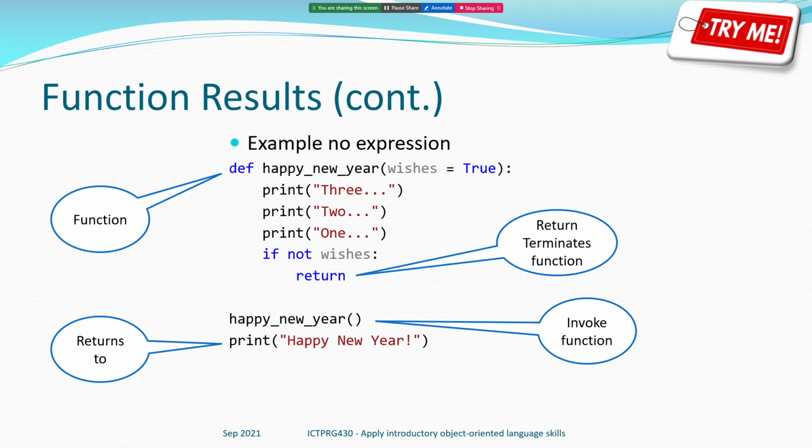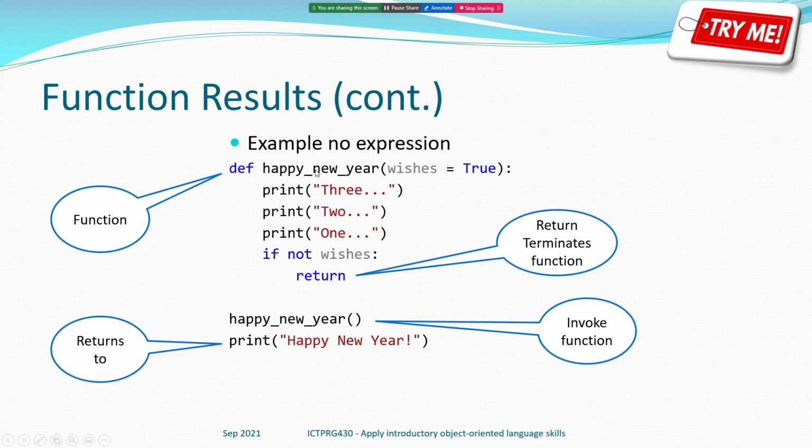So here we're defining Happy New Year and doing a bit of a countdown. And then we've got the good old if statement and termination function. So if it's not wishes, so it isn't true, we're going to terminate and then jump up.